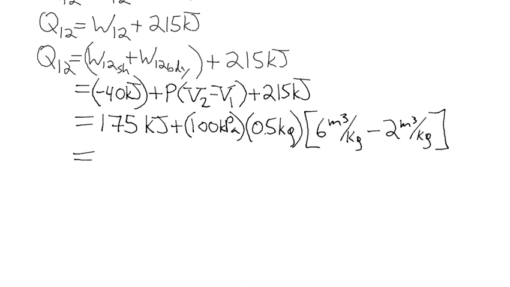So we have 175 kilojoules. The kilograms above here are going to cancel out. What we're going to get then is 100 times 0.5 times 4. 100 times 0.5 is going to be 50. Times 4 is 200. We've got plus 200. And let's look at what units we have here.